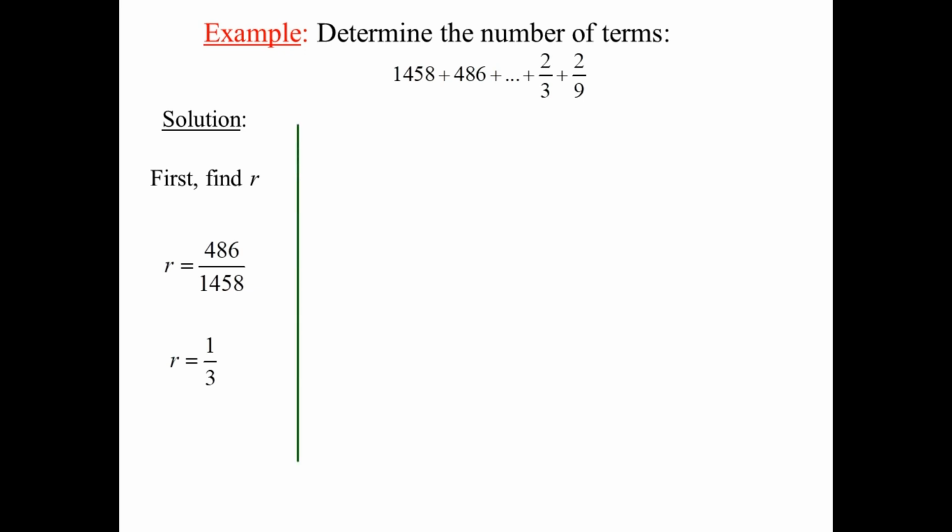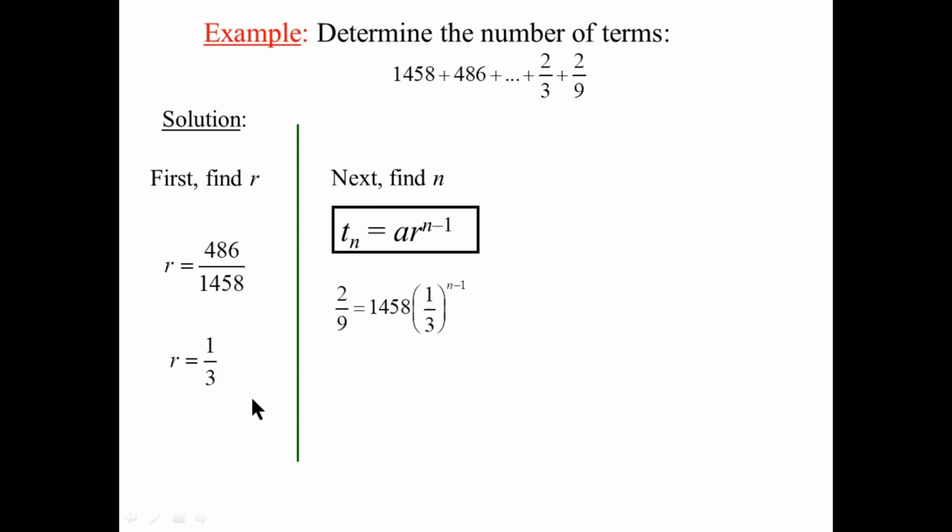We know that a is 1458, but we can now find n. But to find n, which will be the number of terms, by the way, we need to acknowledge this term on the end is t sub n. So we'll use our t formula. T sub n equals a r to the n minus 1, where a is pretty clearly 1458, and r is a number that we figured out.